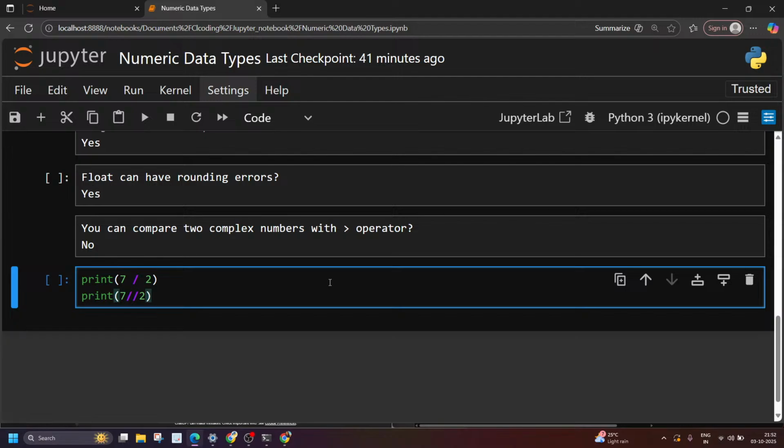This is very simple. The first one is normal division and the second one is floor division. You only have to tell what this will print. We'll start from the basics, then move on to the difficult part. I think this is very easy for you all to answer.